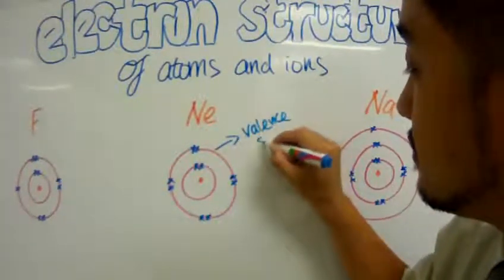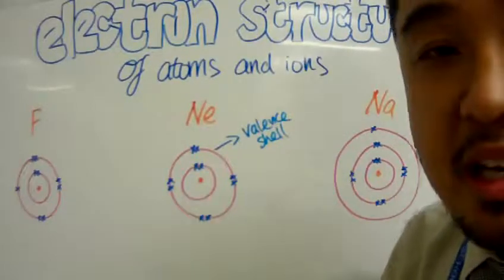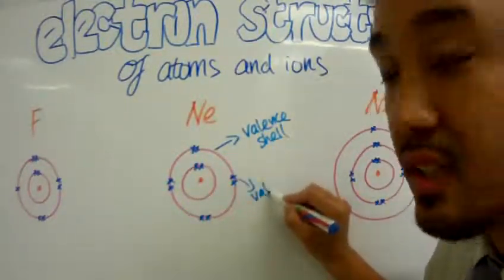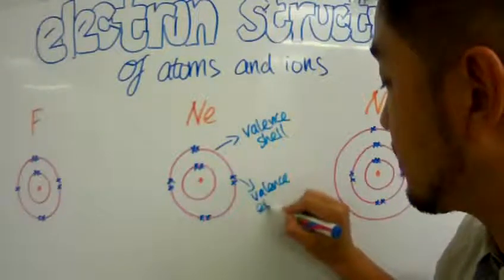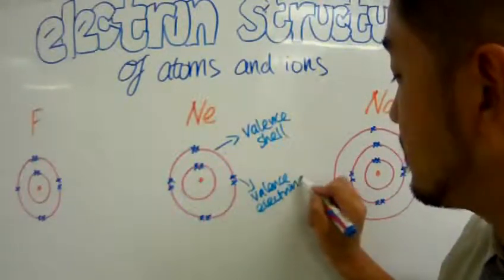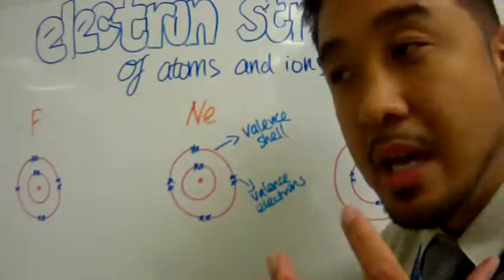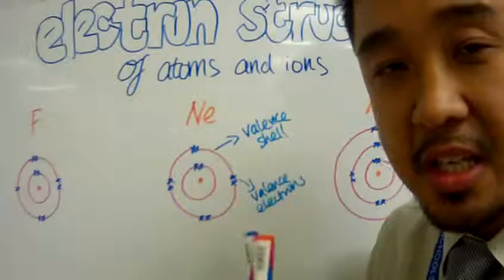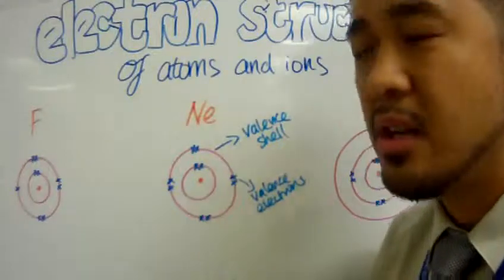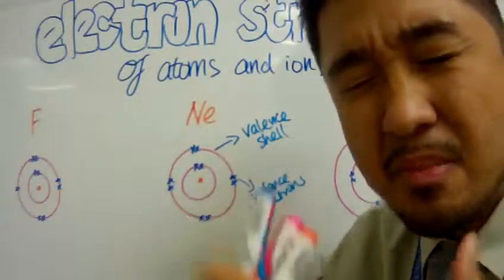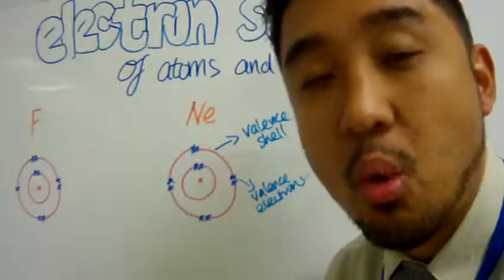Okay? And the electrons on the valence shell are called valence electrons. Now, energetically speaking, all atoms want to transition to a much lower energy level. Why?